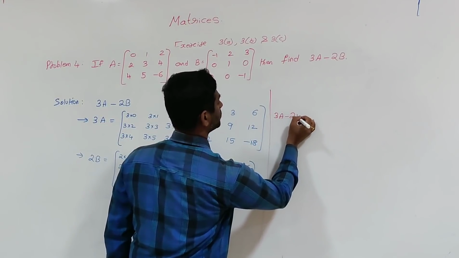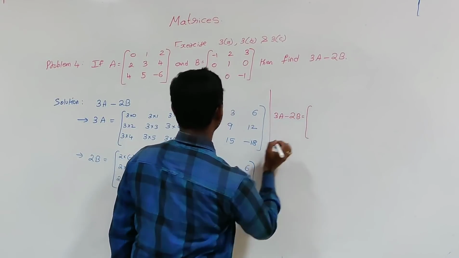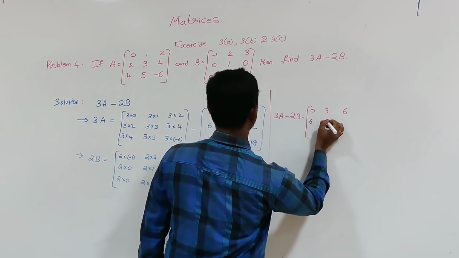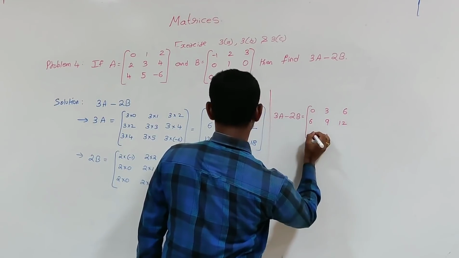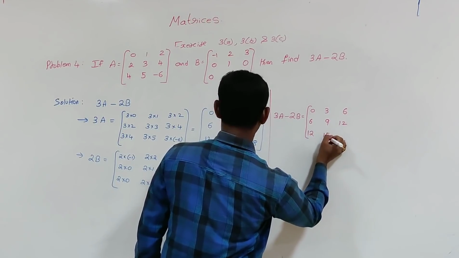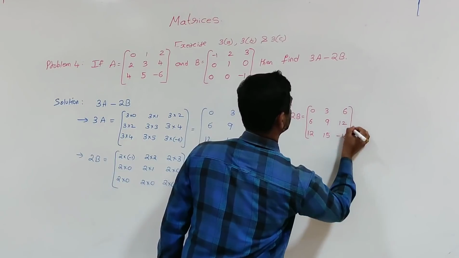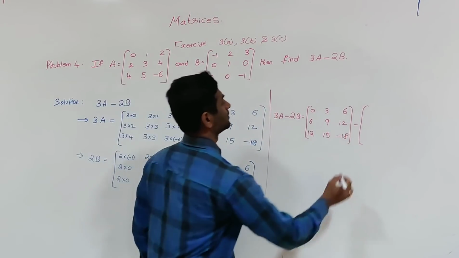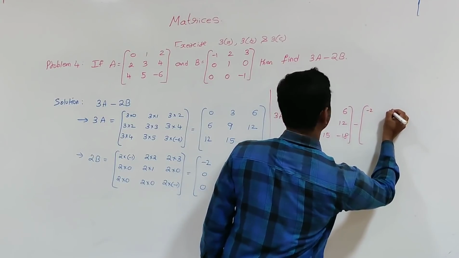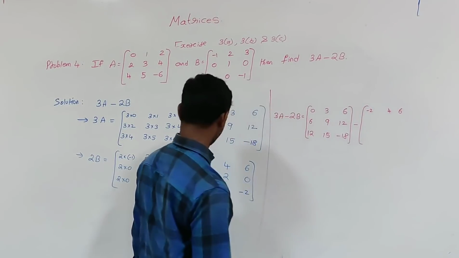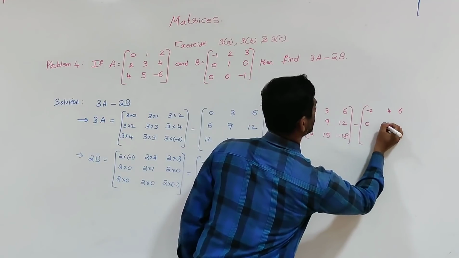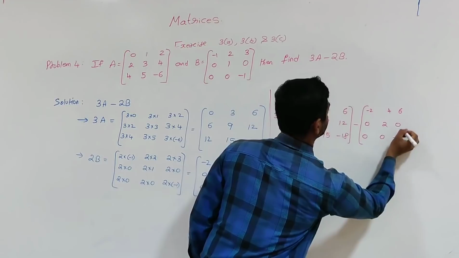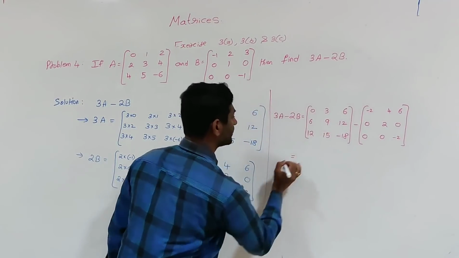3A minus 2B: 0, 3, 6, 6, 9, 12, 12, 15, minus 18, minus the other matrix, minus 2, 4, 6, 0, 2, 0, 0, 0, minus 2. Now we will see the difference.